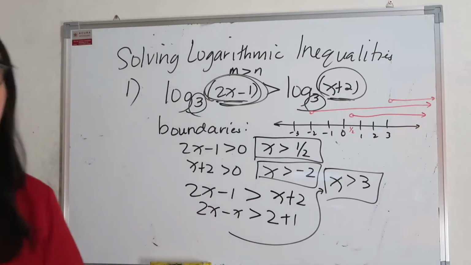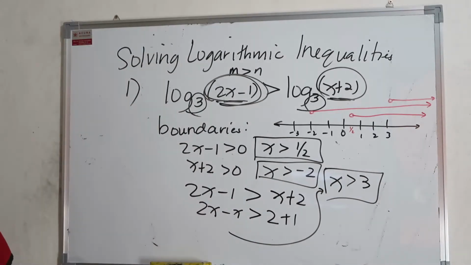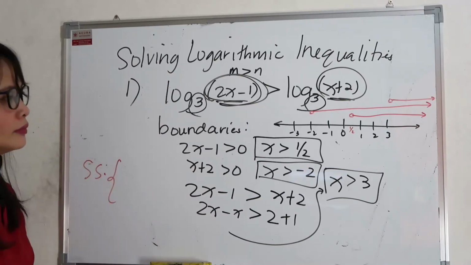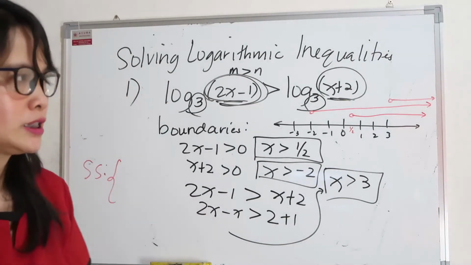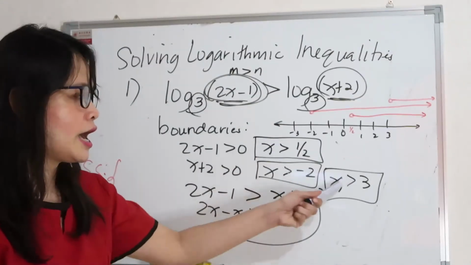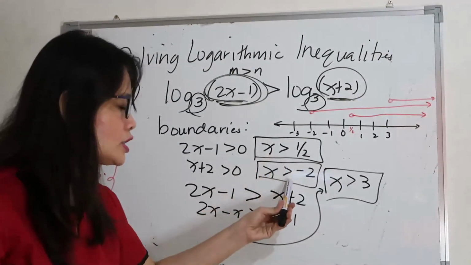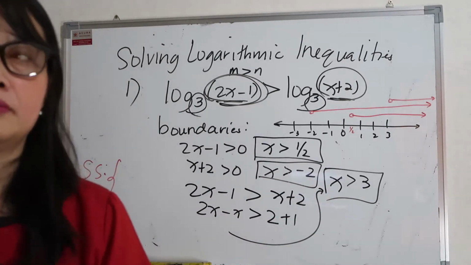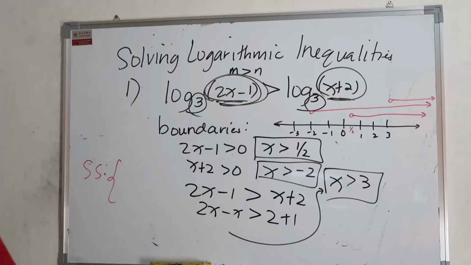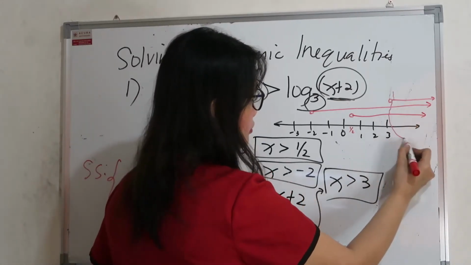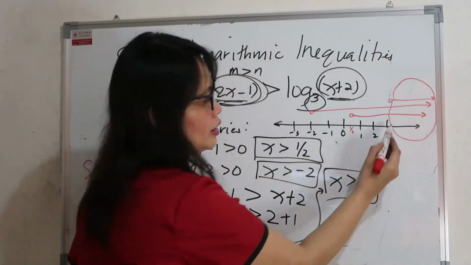Why do we need to plot these on the number line? Your solution set will be their common points. Where do the three answers we have intersect, the boundaries and your final answer? At 3.